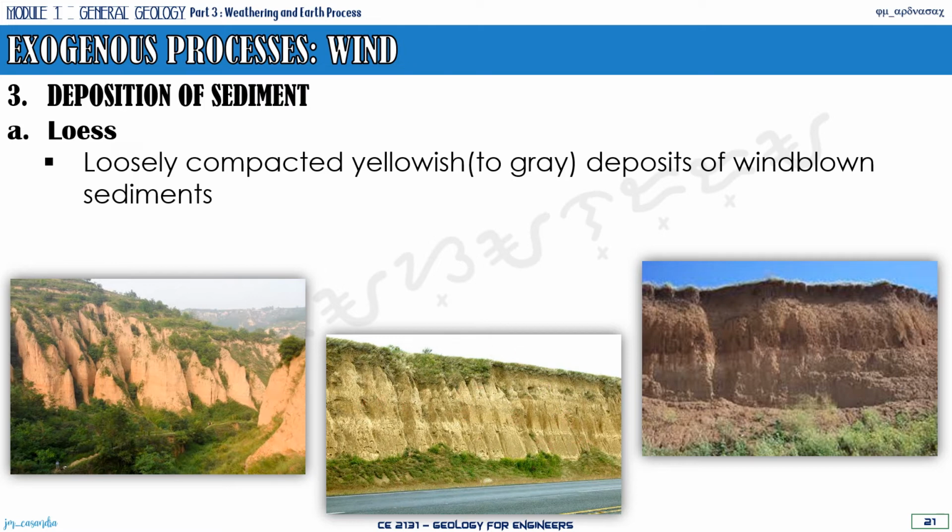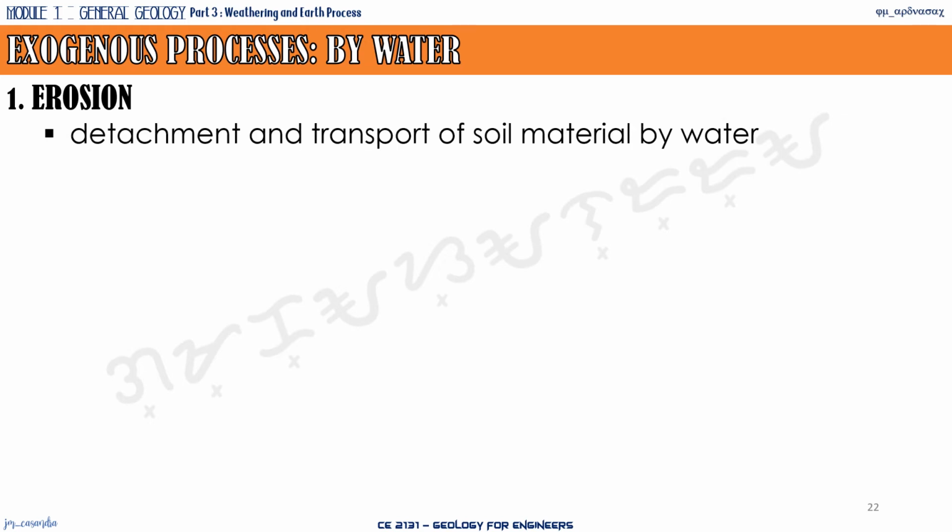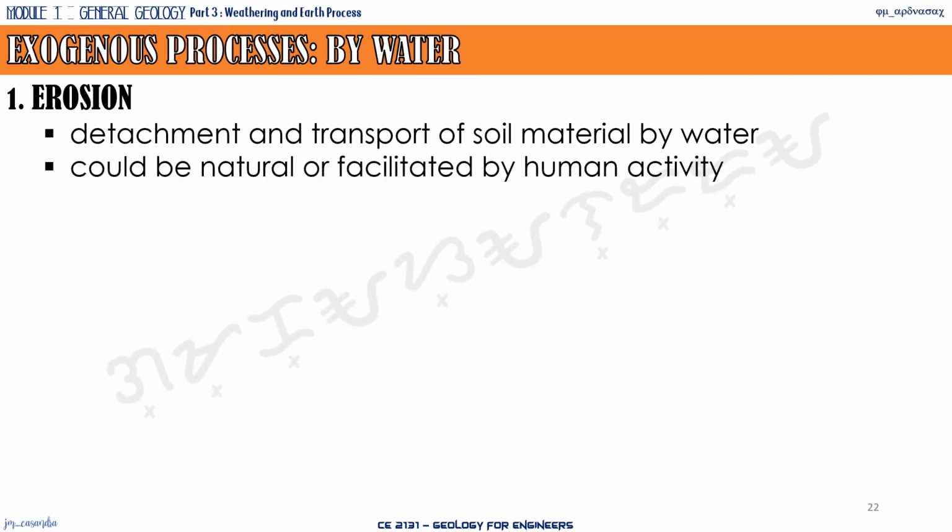Okay? So, aside from wind, there are also processes of formation that are caused by water. Same as for wind, it will also have the same processes. Iba lang yung kanyang agent. So for erosion, this will now be detachment and transport of soil by water instead of wind.